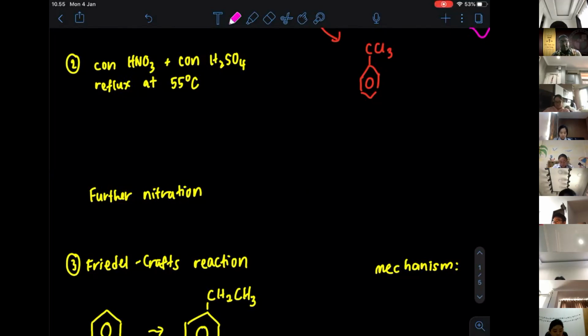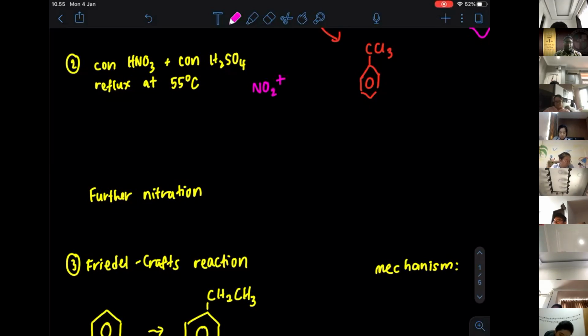Why? Because the NO2+ electrophile that you produce is very, very strong, so it does not require any halogen carrier or catalyst. When we say catalyst, maybe you can say the catalyst is concentrated H2SO4, because without the acid, the reaction will not happen.